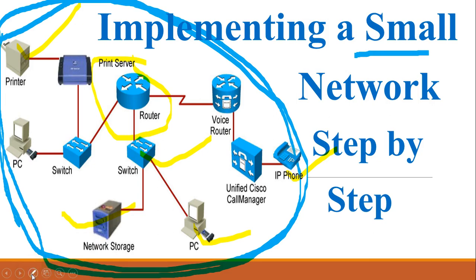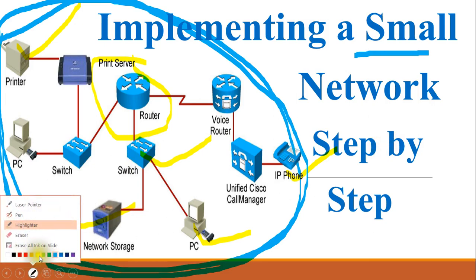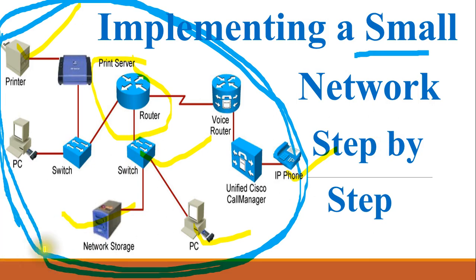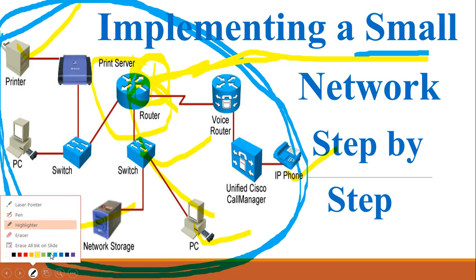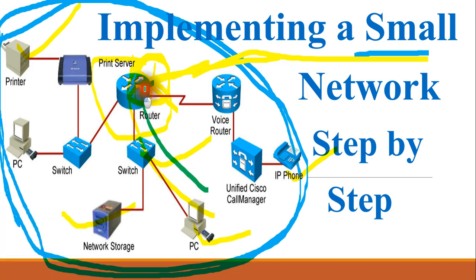For example, if you are taking an internet connection, it will be terminating here. So that will be the entry point. This is going to be the entry point for your organization, and this will be the outgoing point also, because if anything is going out, it goes here only. You don't have any other way or any other route.